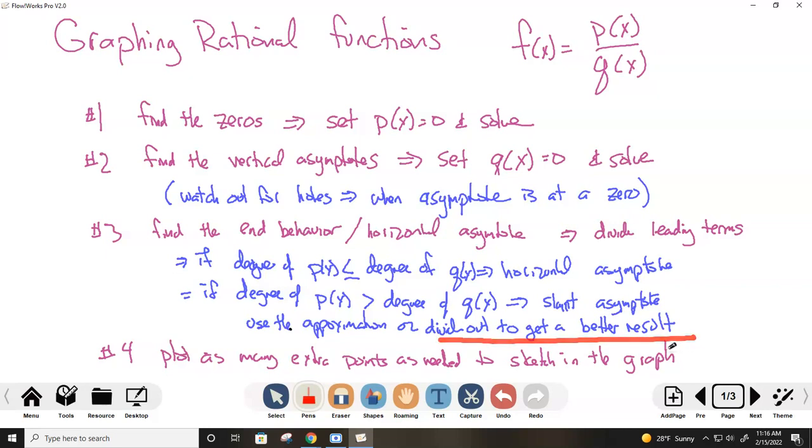Once you take away that remainder, the quotient you have is going to be your end behavior asymptote. Once you get those plotted on your graph, you're going to pick extra points to figure out what's going on between the asymptotes and the zeros. When you hit the asymptotes, which direction are you going? So that's our process. Let's see what we can do.